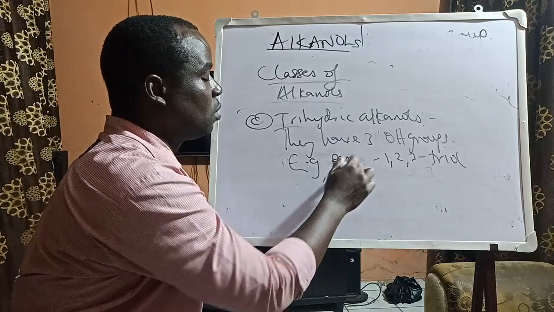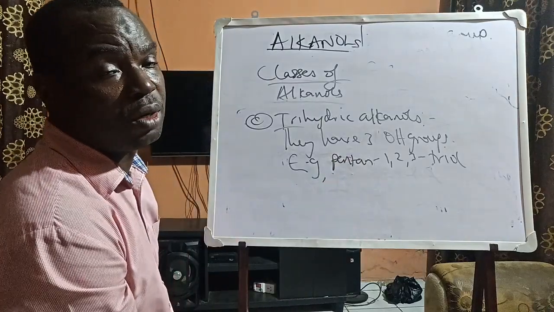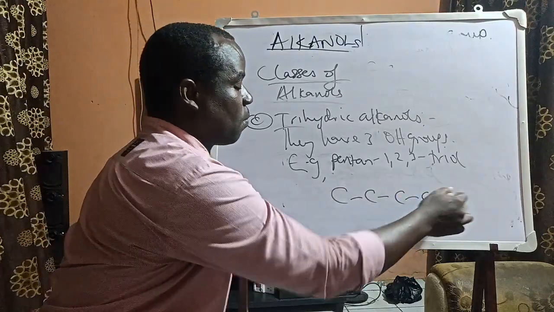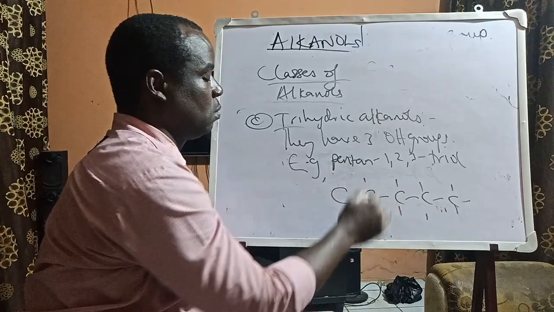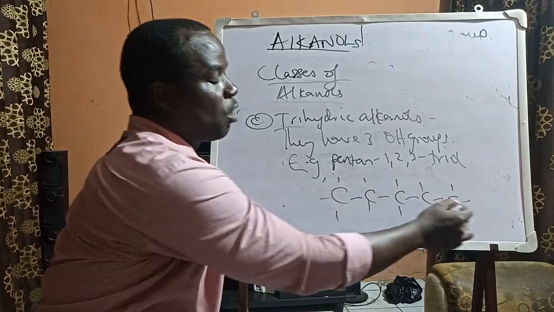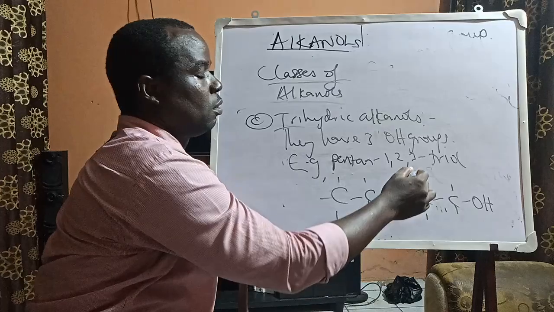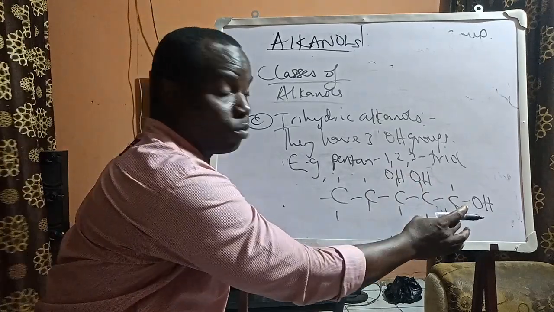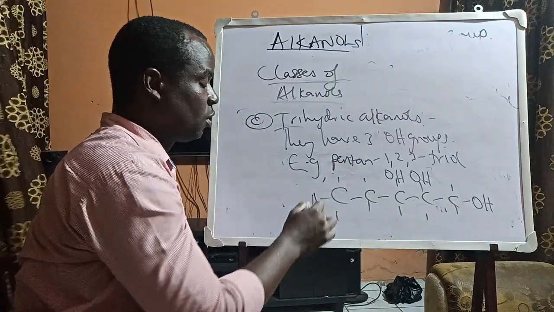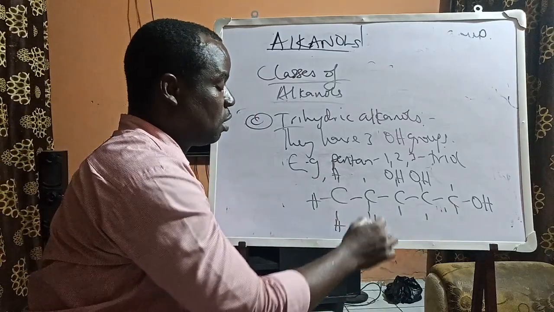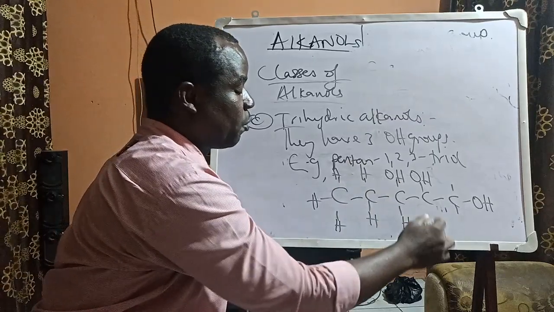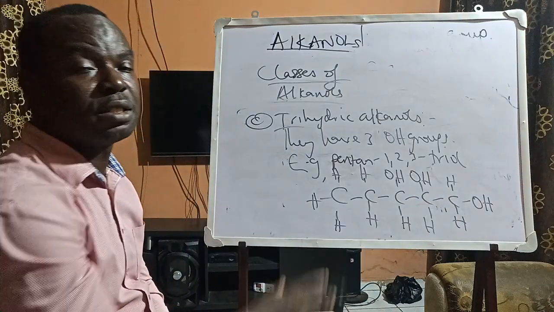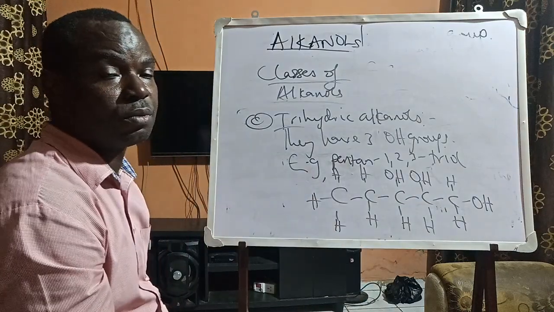Let me use pentan 1,2,3-triol. Let's draw it. What is pent? 5. So 1,2,3-triol, put OH on number 1, OH on number 2, OH on number 3, numbering from here 1, 2, 3, 4, 5. Then the rest will now be hydrogen, hydrogen, hydrogen. See that? So that is pentan 1,2,3-triol.